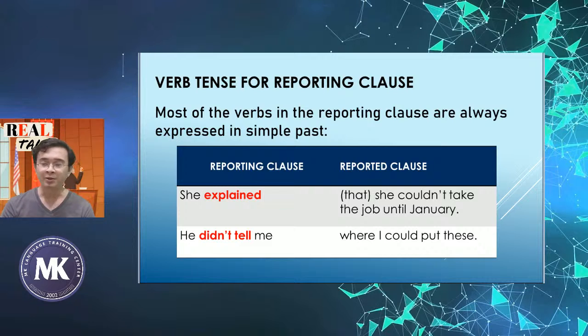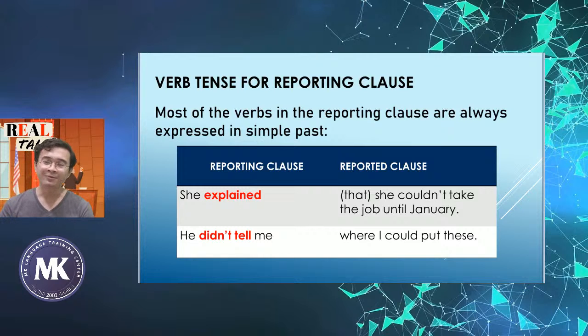For example, we have the reported speech: She explained that she couldn't take the job until January. In this sentence, the reporting clause is "she explained," and the verb there, explained, is in simple past. It's quite easy to remember, right?